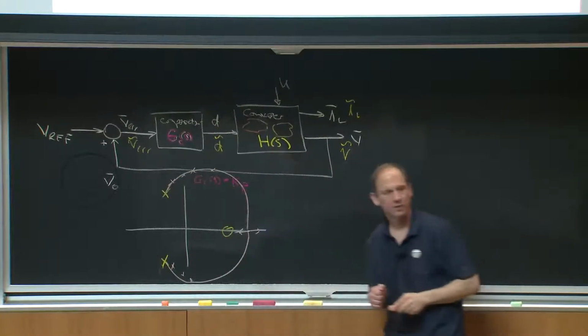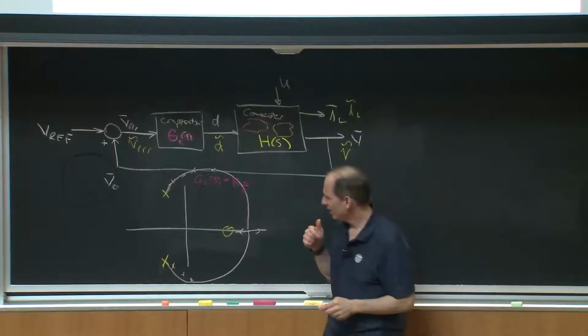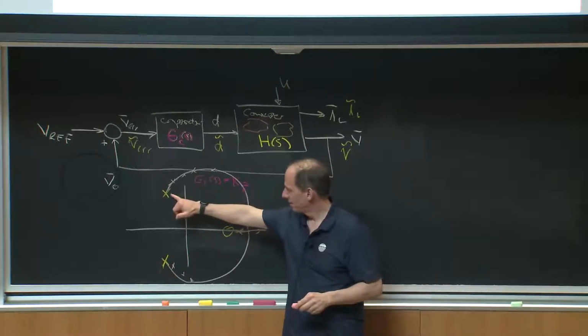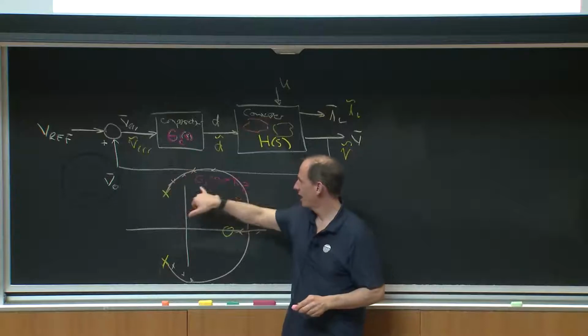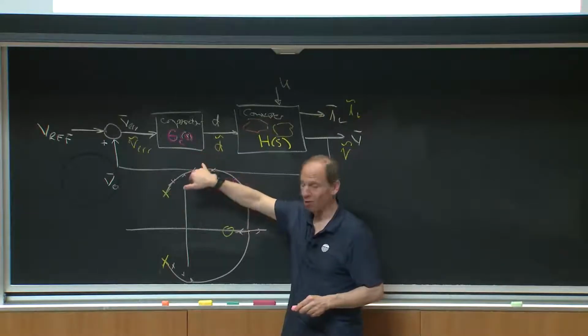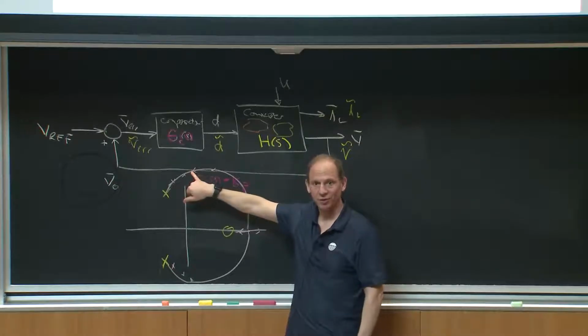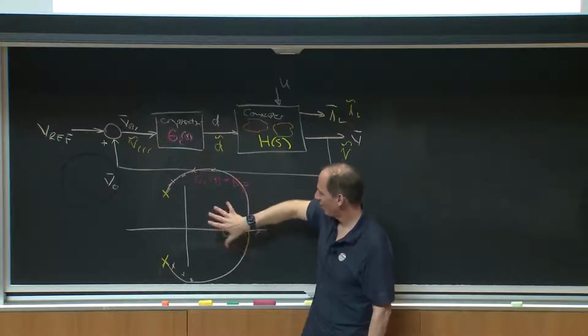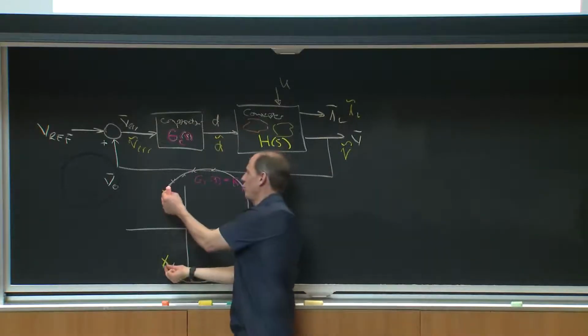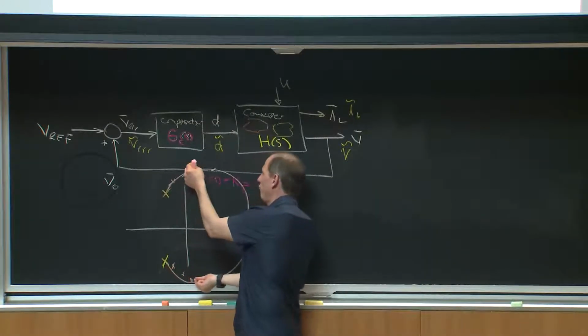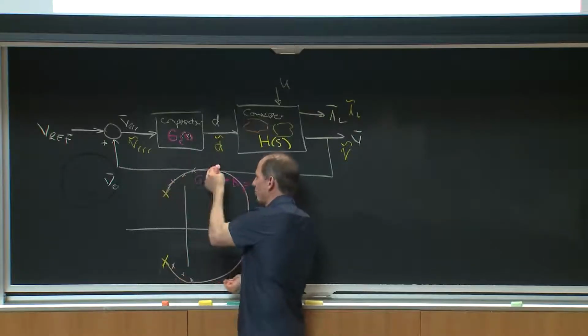Okay? So that's kind of a problem because I want a high KP because I want the error to be small, but if I make KP too big, once that pole moves to the right half plane, this whole thing's going to oscillate, right? So this is the nasty thing about the right half plane 0, that the closed loop poles will be moved from where the open loop poles are somewhere into the right half plane.